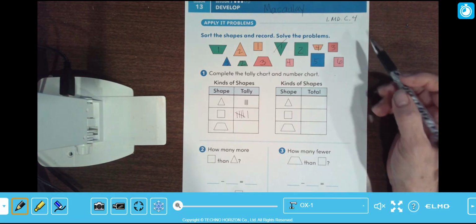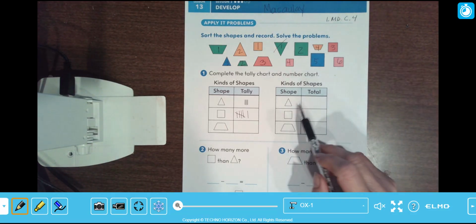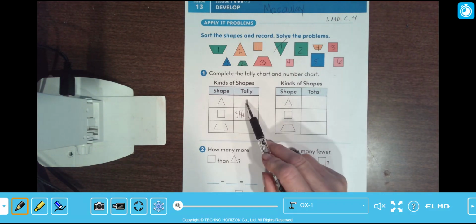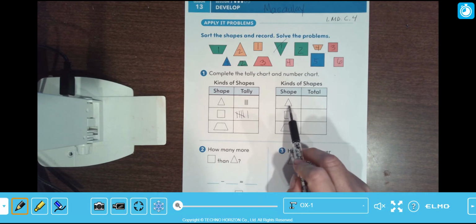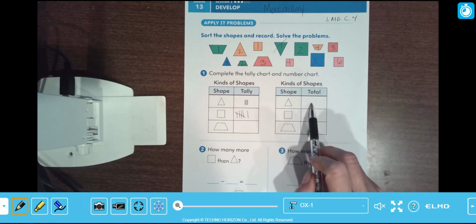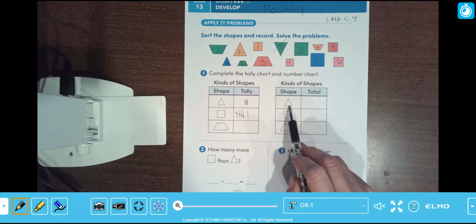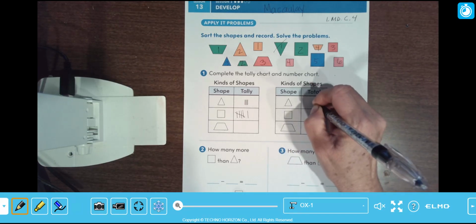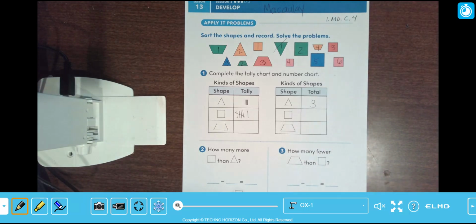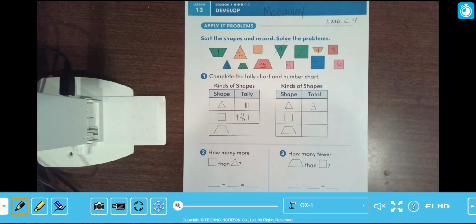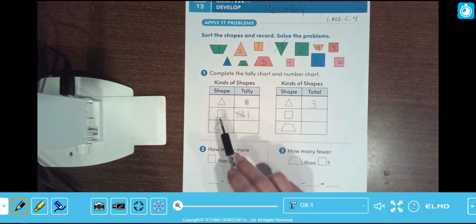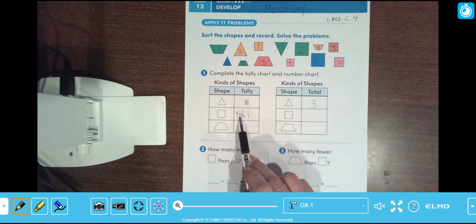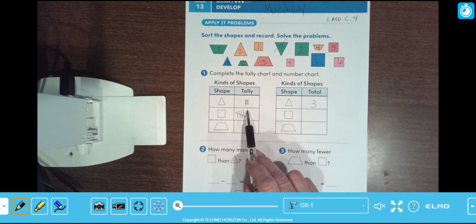Okay. So let's go over here and write the total. So there's 3 tally marks here. So what do we write here for the total for triangles? How many total triangles? You're going to write 3. There we go. Okay, let's go on to the squares. There's 1, 2, 3, 4, 5, 6.